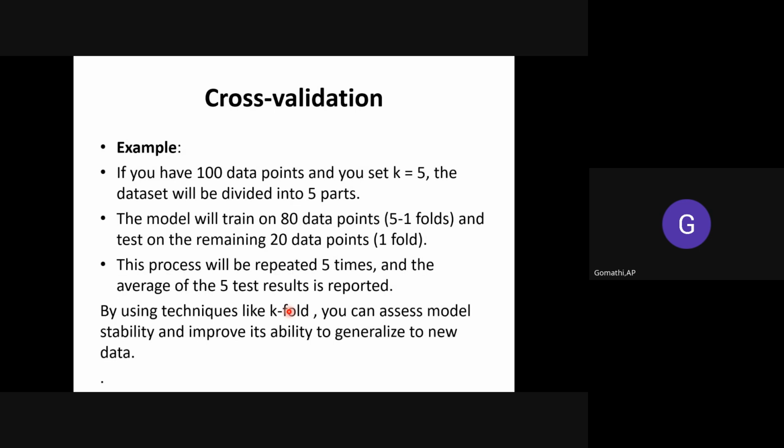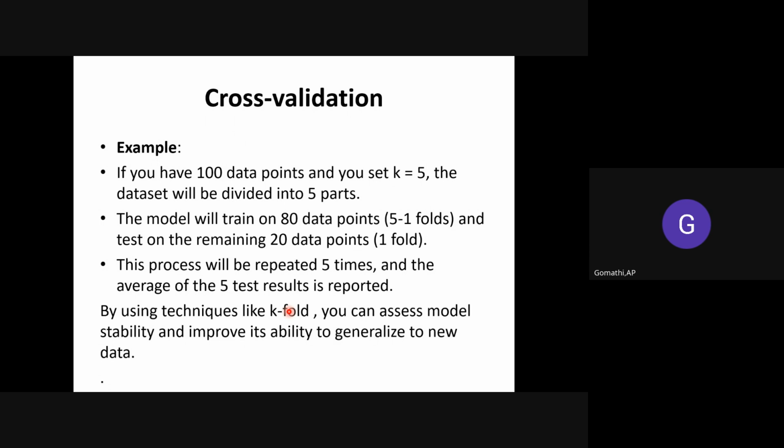This process will be repeated 5 times, and the average of the 5 test results is reported. From this we get the final performance metric.